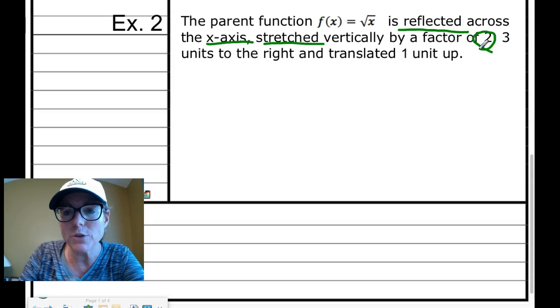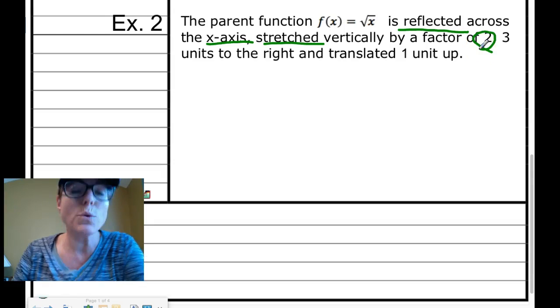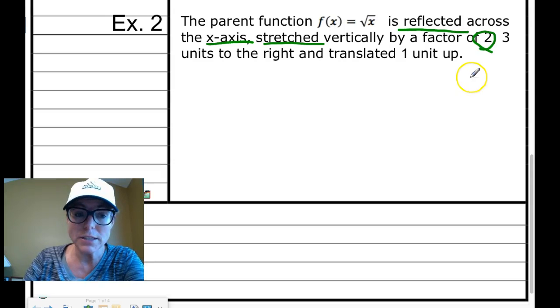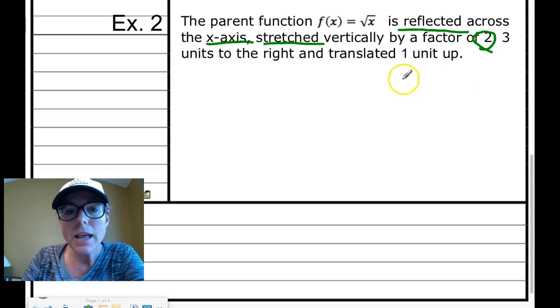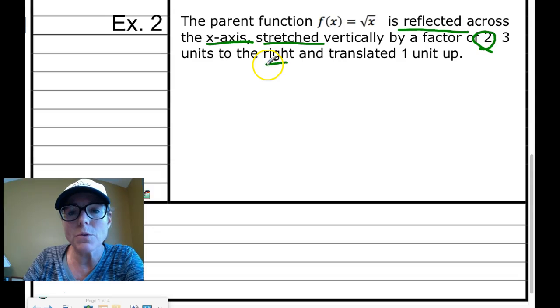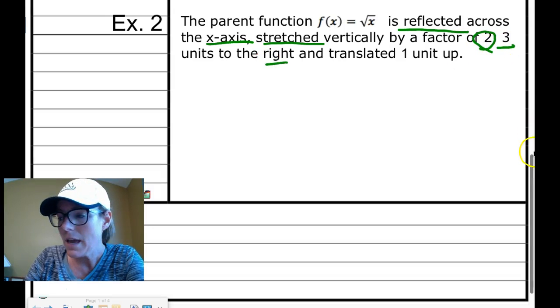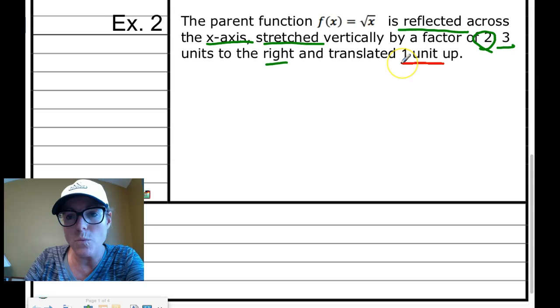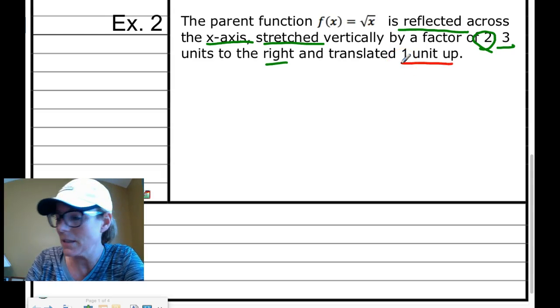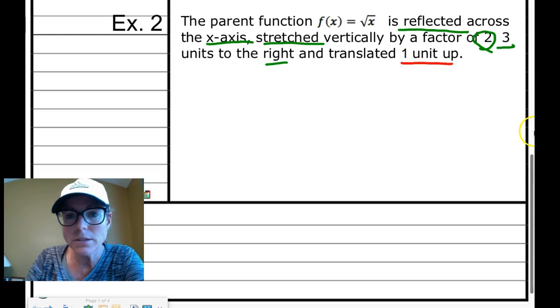Remember, if the absolute value is greater than 1, that's a stretch. If it's less than 1, that's a compress. And 3 units to the right, and 1 unit up. Piece of cake. We can do this.